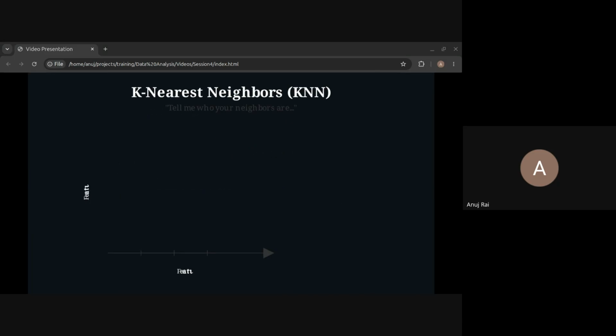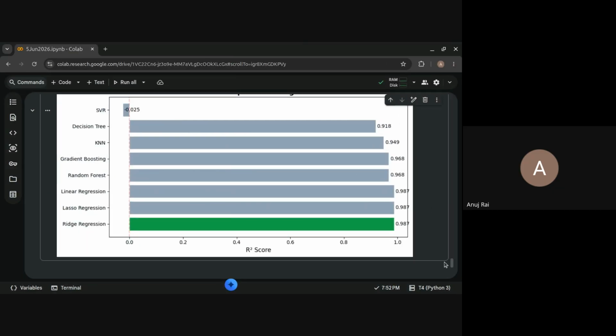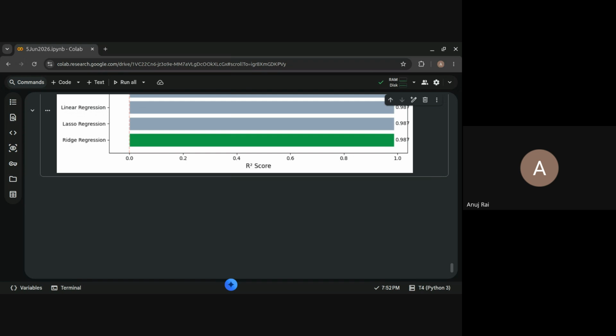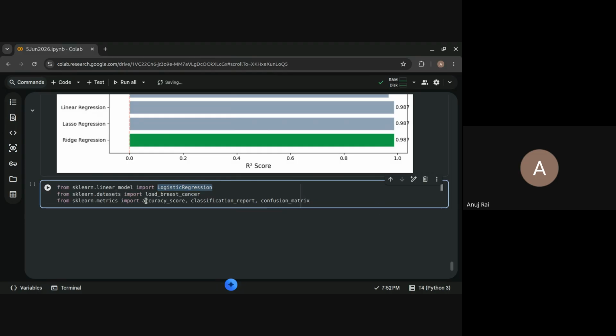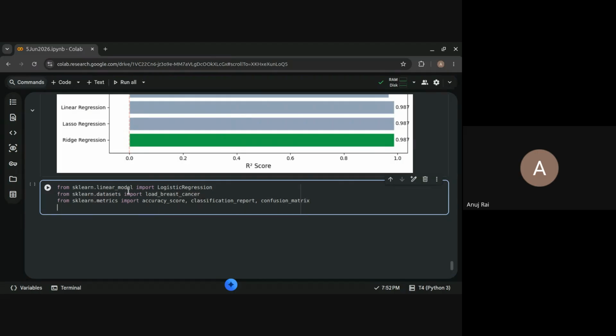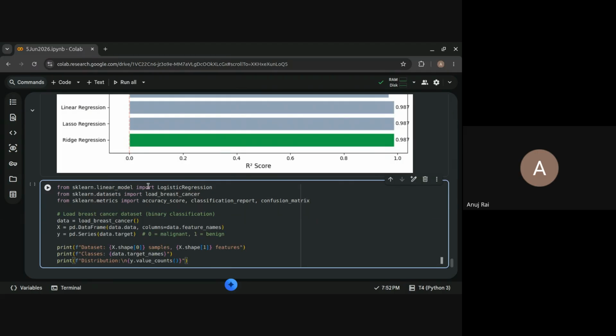So let's see how to implement logistic regression. From the same linear model, we import logistic regression and the data set. For example, here we are going to use the breast cancer data set. Let's load the data set and inspect it.